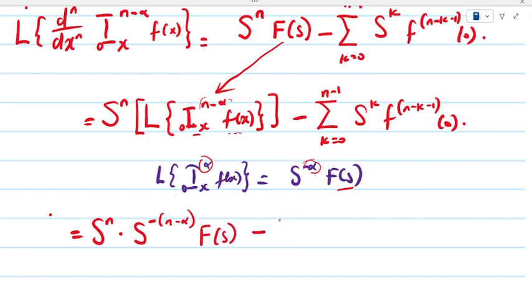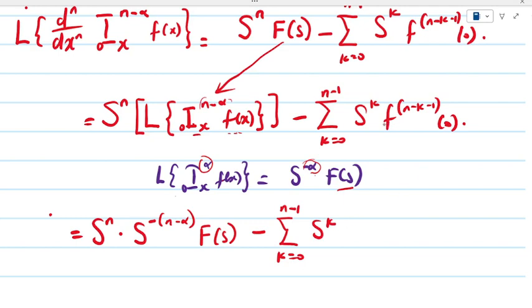So minus the summation k equals 0 to n minus 1, then we have s^k.